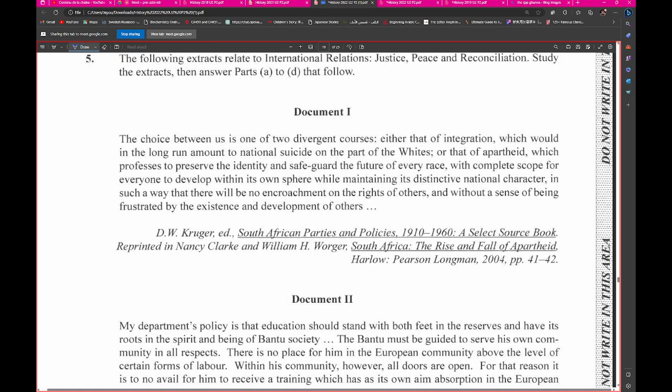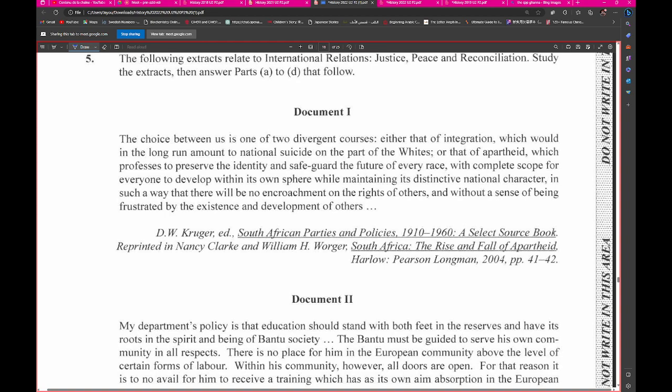The choice between us is one of two divergent courses, either that of integration, which would in the long run amount to national suicide on the part of the whites, or that of apartheid, which professes to preserve the identity and safeguard the future of every race, with complete scope for everyone to develop within its own sphere while maintaining its distinct national character in such a way that there will be no encroachment on the rights of others and without a sense of being frustrated by the existence of and development of others.